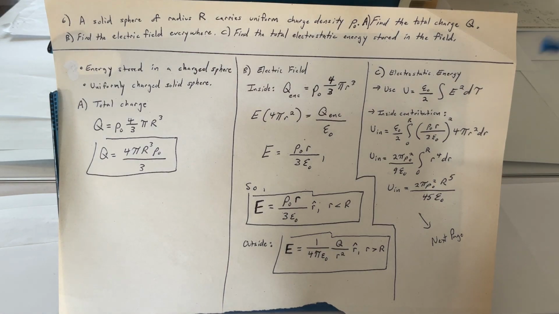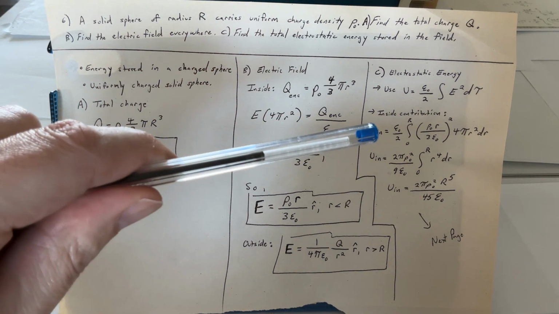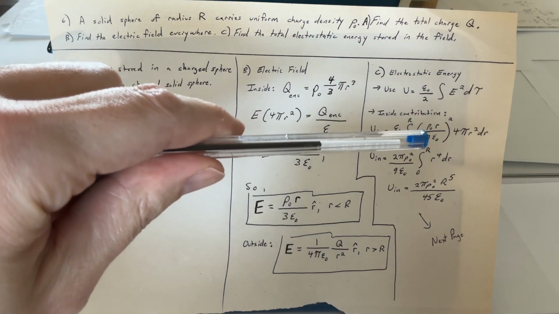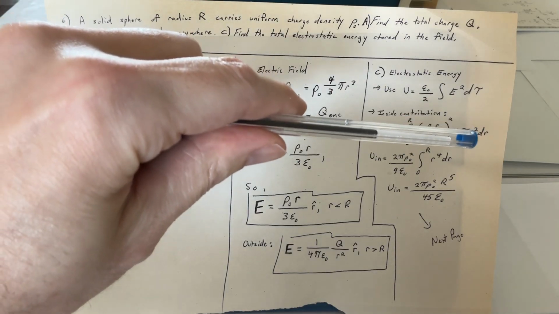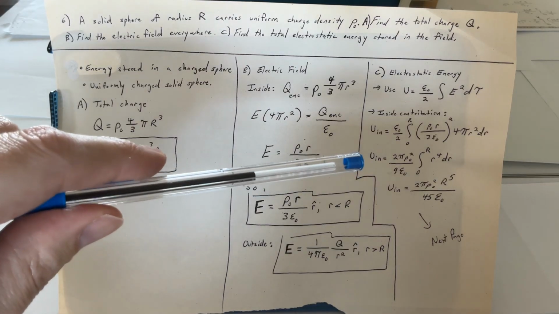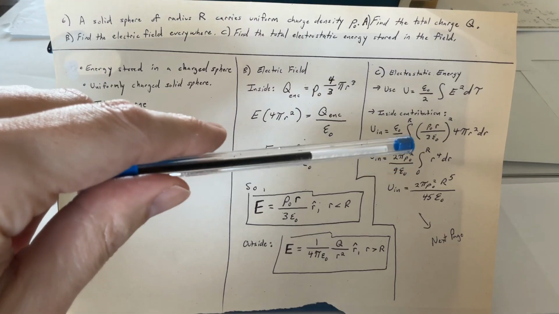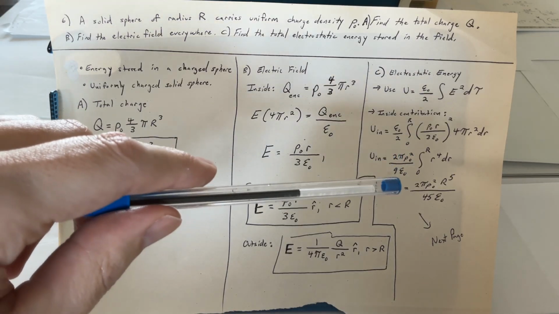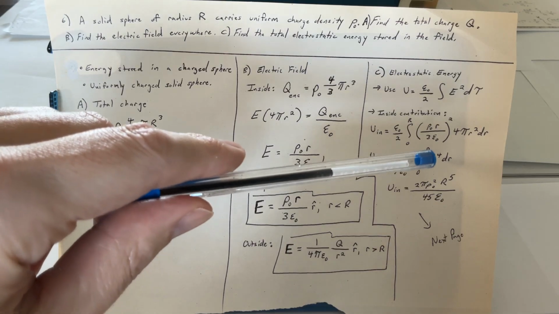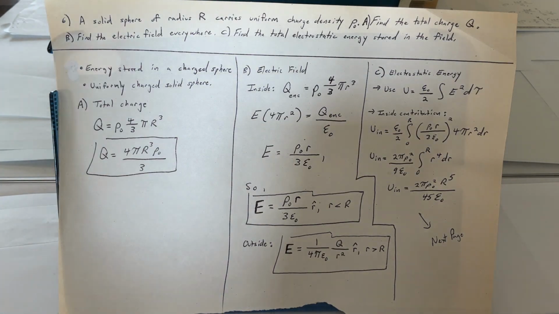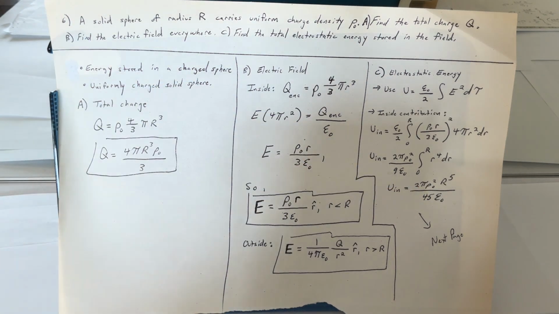So from here, the inside contribution, U in, is epsilon naught over 2 integral from 0 to R of rho naught r over 3 epsilon naught, squared, times 4 pi r squared dr. So that's going to be 2 pi rho naught squared over 9 epsilon naught integral from 0 to capital R of r to the 4th dr. And when you evaluate that, U in, you're going to wind up with 2 pi rho naught squared capital R to the 5th over 45 epsilon naught.